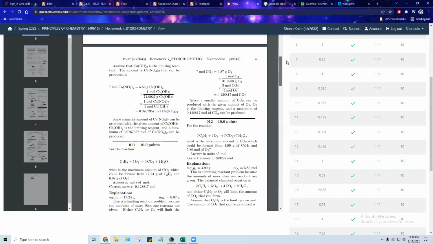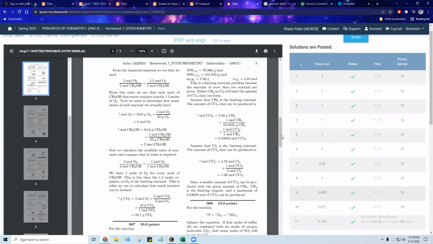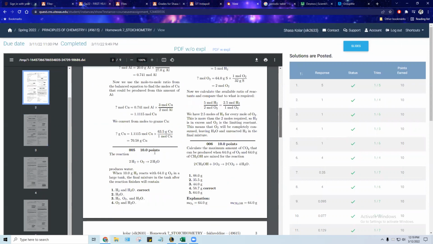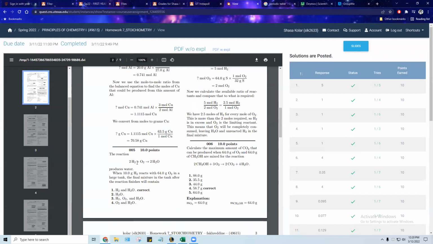So this is very similar to that one. So we just have to find out which has a molar ratio equivalent that is lower when you compare them, hydrogen or oxygen. So we can go ahead and find how many moles we have of hydrogen.